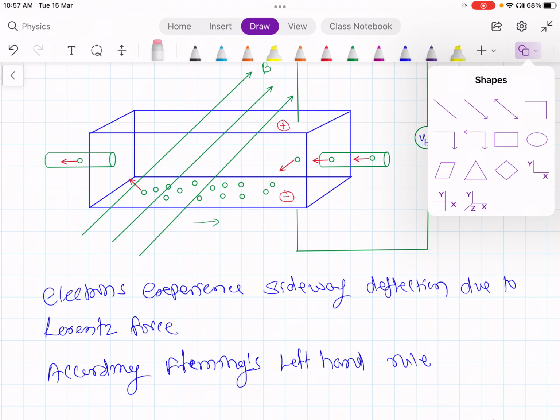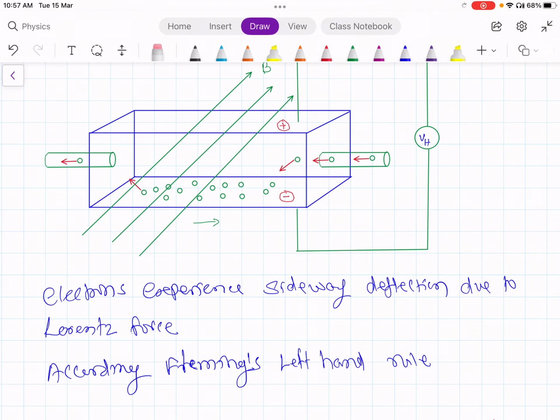Lorentz force will act in this direction, and that Lorentz force is, say, Fl. This Lorentz force is acting on the electrons, so these electrons experience a sideway deflection towards the bottom surface.